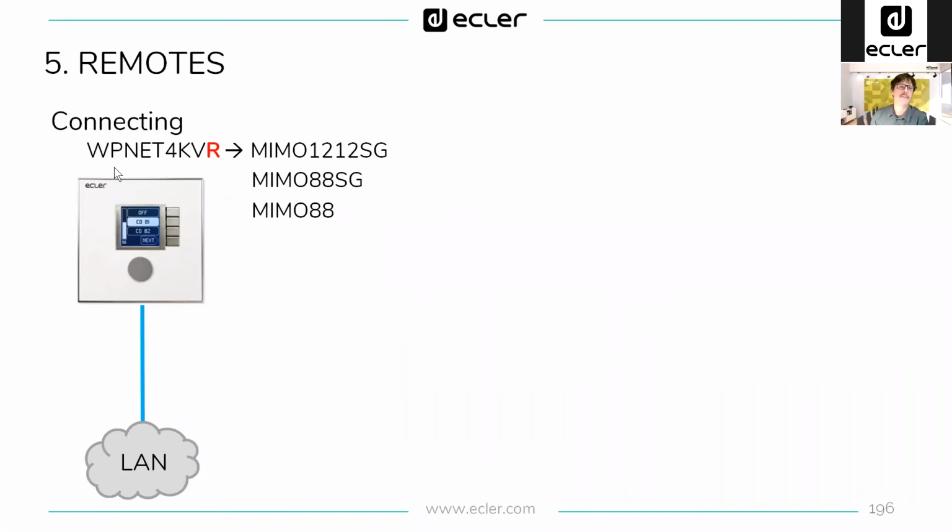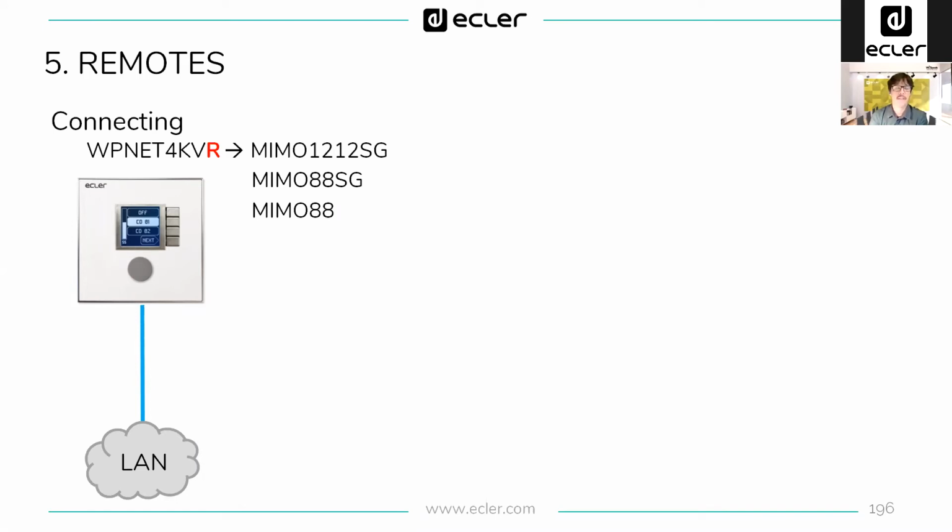Connecting WPNet 4KV R. What's the point? WPNet 4KV, 8K and WPNet X were made to control MIMO 4040, so they were born for that purpose. But as they were very successful, people wanted to use them with the previous MIMOs: MIMO 1212, SG, 88 SG, and 88.